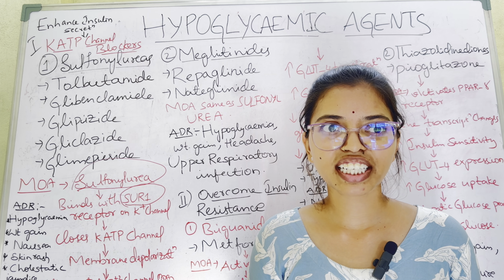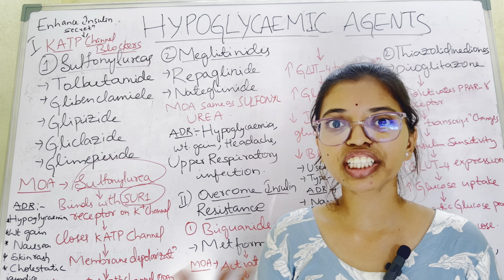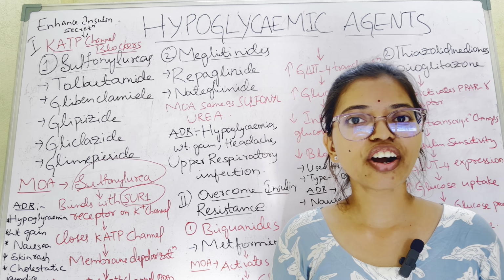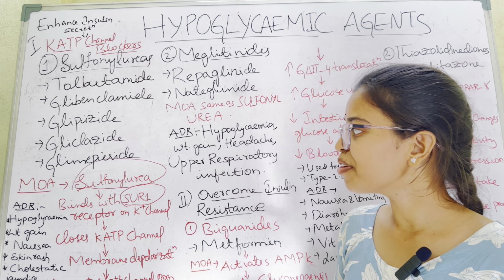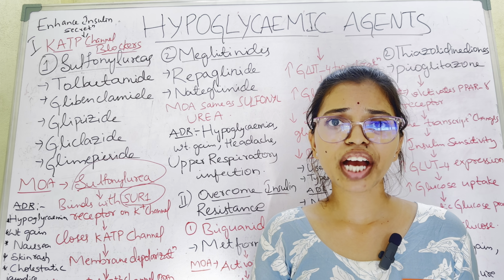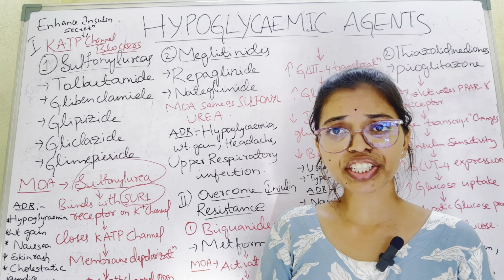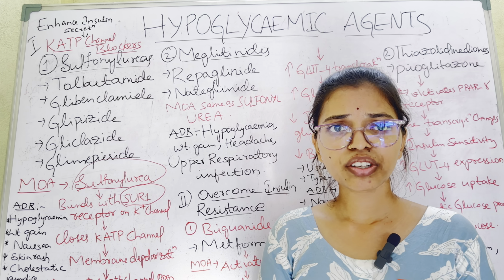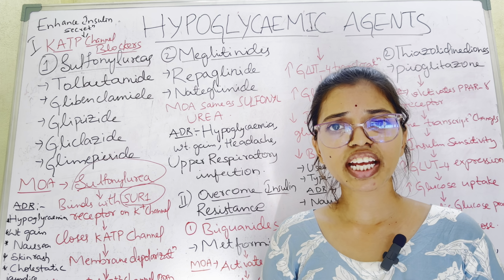Now I got clarity when I became a faculty, teaching my students. You have to learn first the receptors, their location and their functions. When you learn in this way, it is very easy.